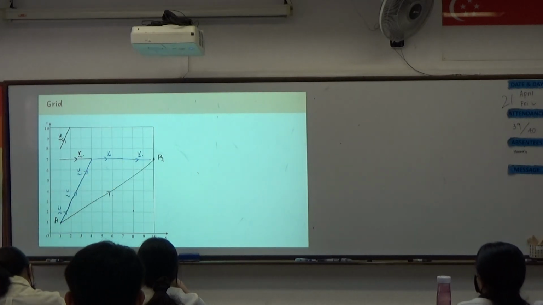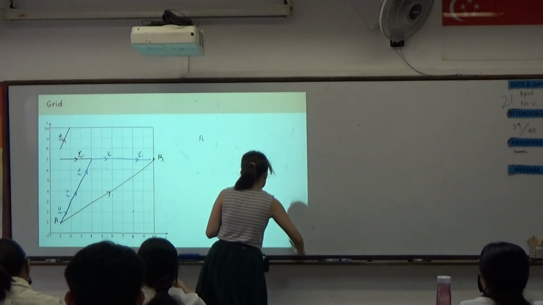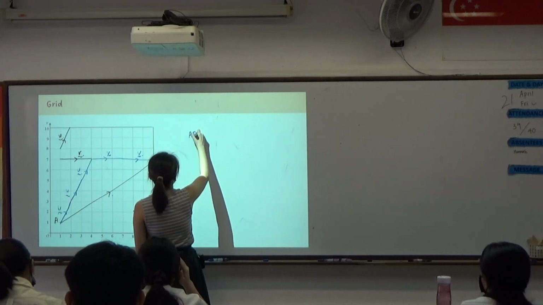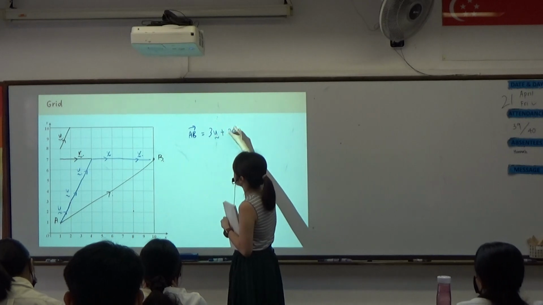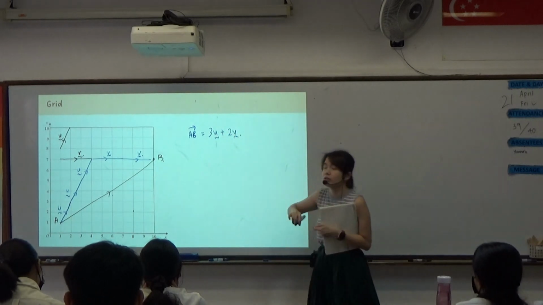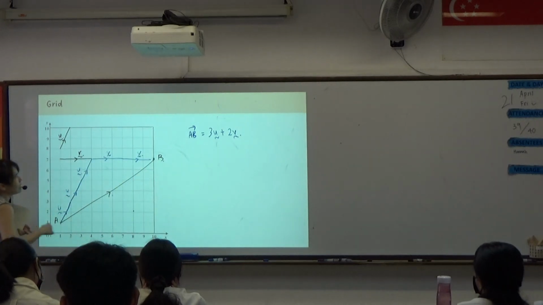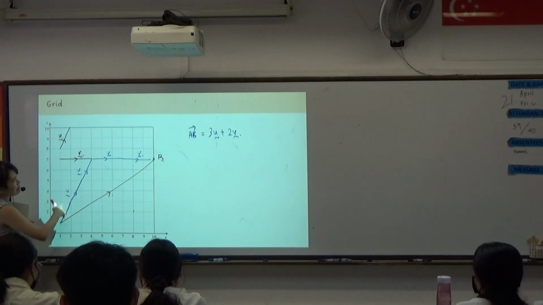So my vector AB can be expressed as 3 times U plus 2 times V in order to arrive from A to B.